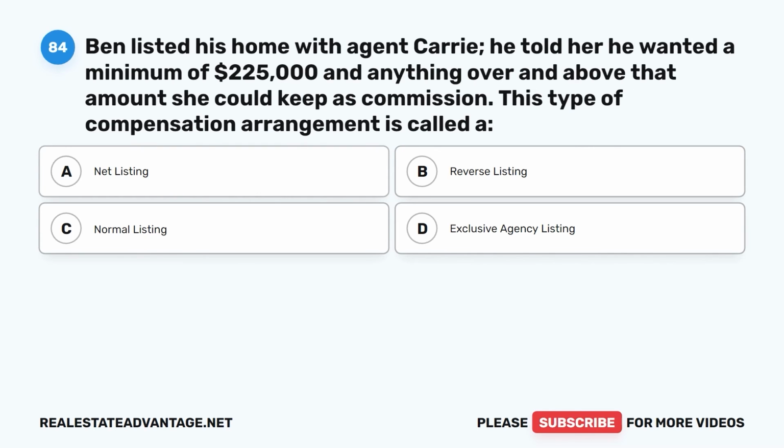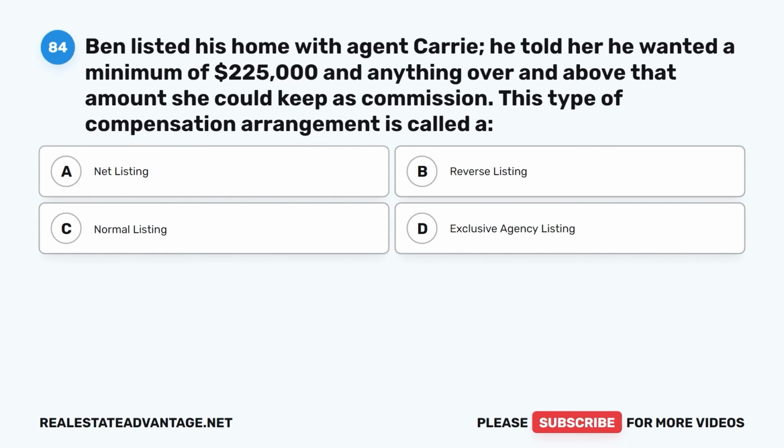Question 84. Ben listed his home with Agent Carey. He told her he wanted a minimum of $225,000, and anything over and above that amount she could keep as commission. This type of compensation arrangement is called A. Net listing. B. Reverse listing. C. Normal listing.